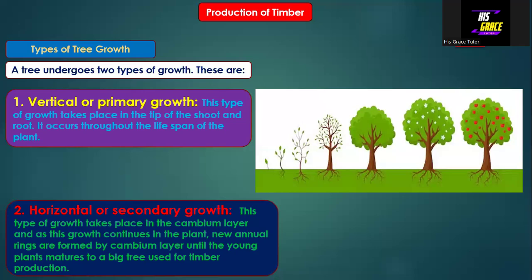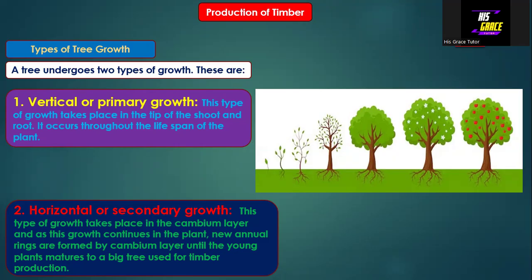Now, in the next slide, we have types of tree growth, or types of growth that happen in the tree. As I have told my students, as a tree undergoes this kind of growth, human beings also undergo this kind of growth.